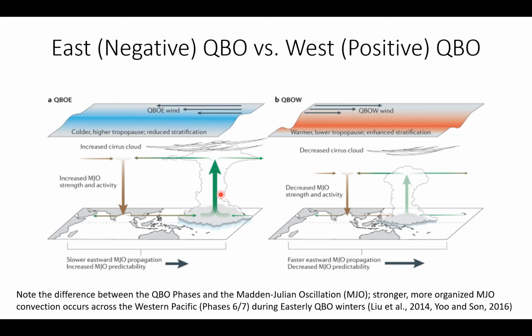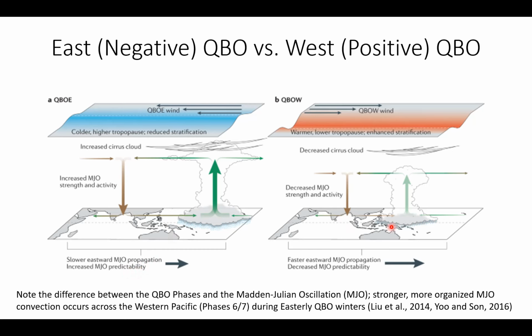And then you get more increased upward vertical motion over the central equatorial Pacific. So you get more precipitation at the surface over the central equatorial Pacific around the dateline. And you get sinking air and drought conditions across Indonesia, even extends during El Nino all the way over to Australia. With the easterly phase of the QBO, additionally, you get a slower eastward MJO propagation, more increased MJO predictability.